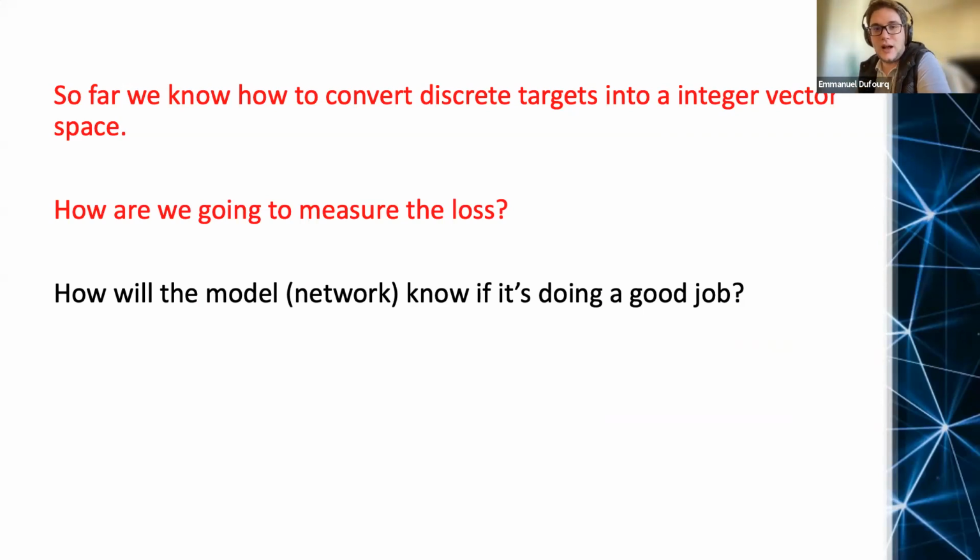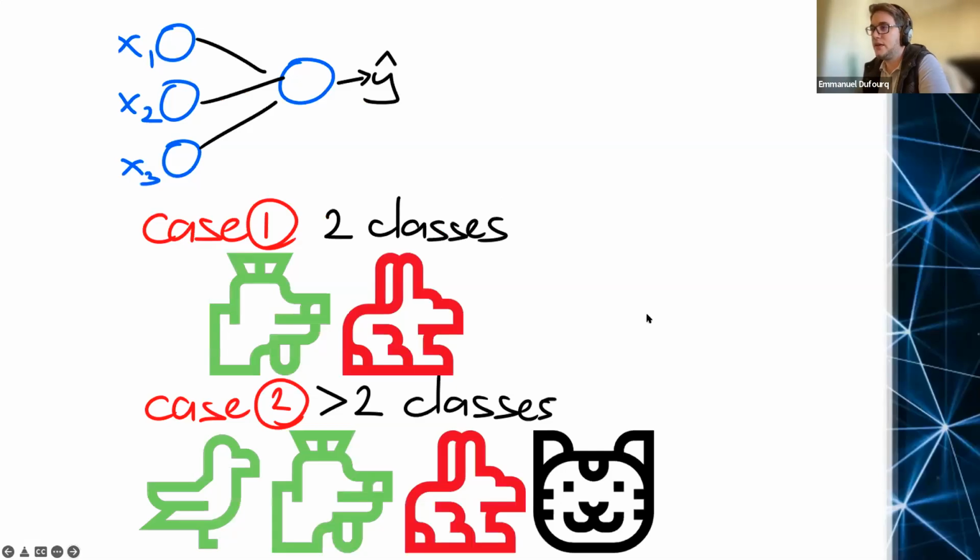How will the model know if it's doing well? In other words, a distance function: how far is the model from the good values, or is it doing very badly? Okay, so there's 2 main cases. The first case is when we have 2 classes, and case 2 is when we have more than 2 classes.